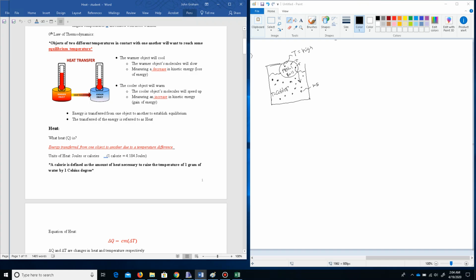Cooler object will get warmer. Cooler object's molecules will speed up, and you'll see an increase in the kinetic energy for the molecules. And so energy will be transferred from one object to another. The energy must be conserved.